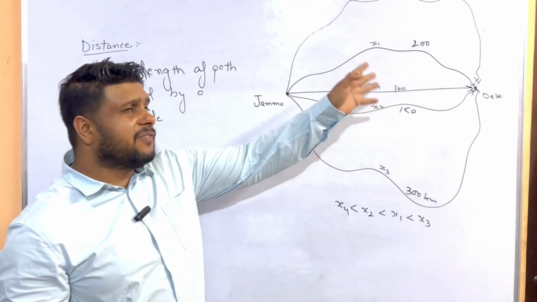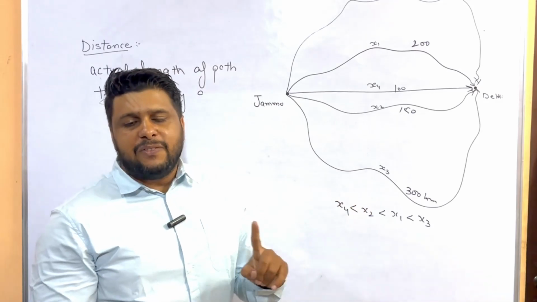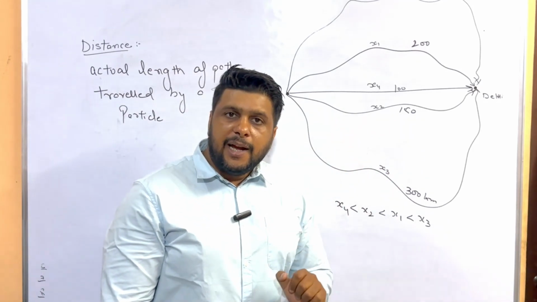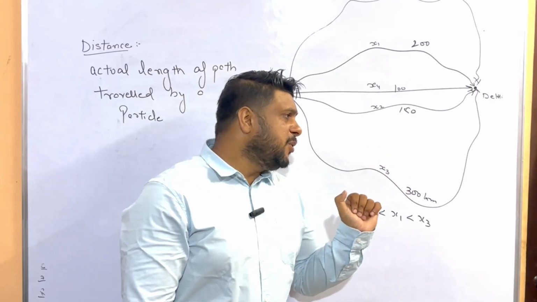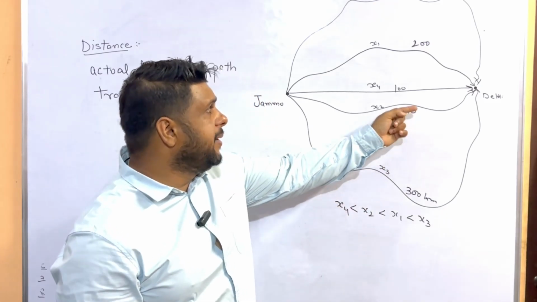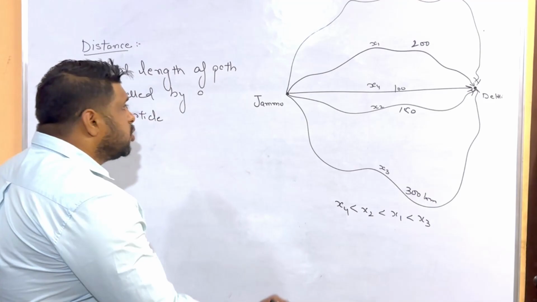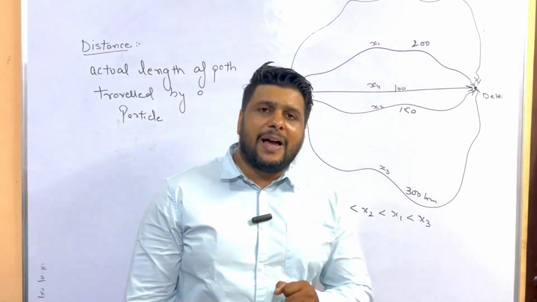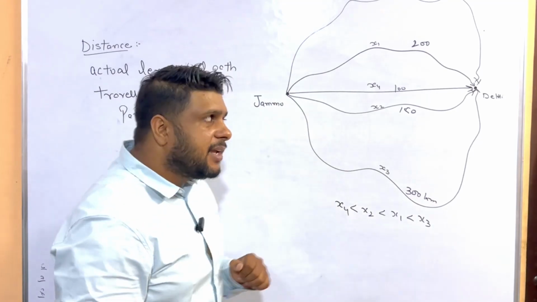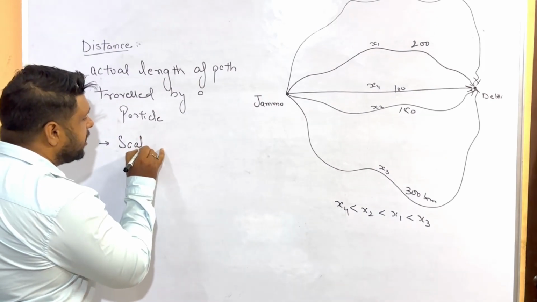Maybe I will reach there after 50 years, but that is not the point here. So we can say that it does not need direction; it only has magnitude. Here it is 300 kilometers, here 150 kilometers, here 100 kilometers, here 200 kilometers. Those quantities which have only magnitude, we call scalar quantities. So distance is a scalar quantity.